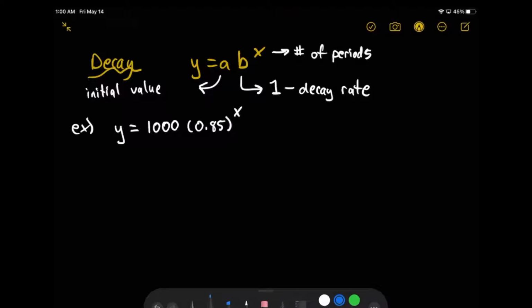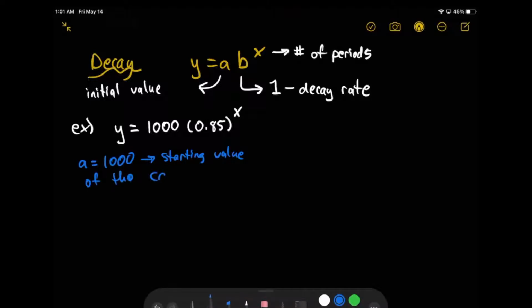So let's describe what each of these numbers tells us, and then we'll work on our table of values and our graphs. First of all, my A value is equal to 1,000, and that is my starting value of the car.